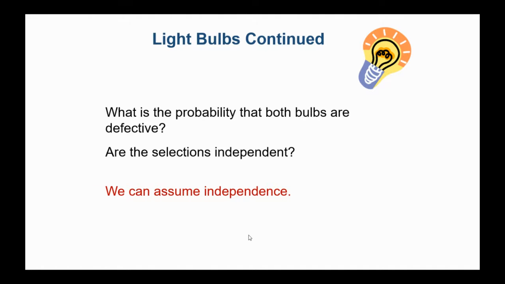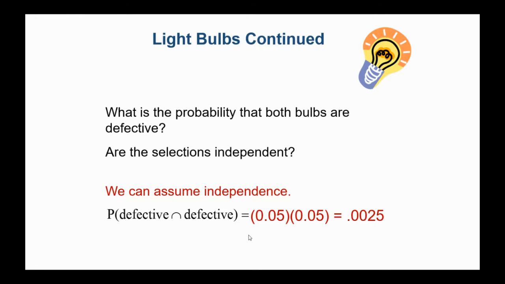Multiply what? 0.05 times 0.05, because they're independent. That makes sense.